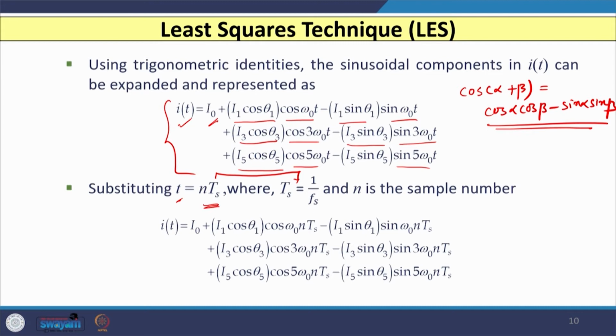So, if I replace t equal to n T s in this equation, then we have the value of I t given by I 0 plus I 1 cos theta 1 into cos omega 0 n T s, and same way here also, instead of t I am putting n T s, and here also we are replacing the same t with n into T s. So, we have this equation.